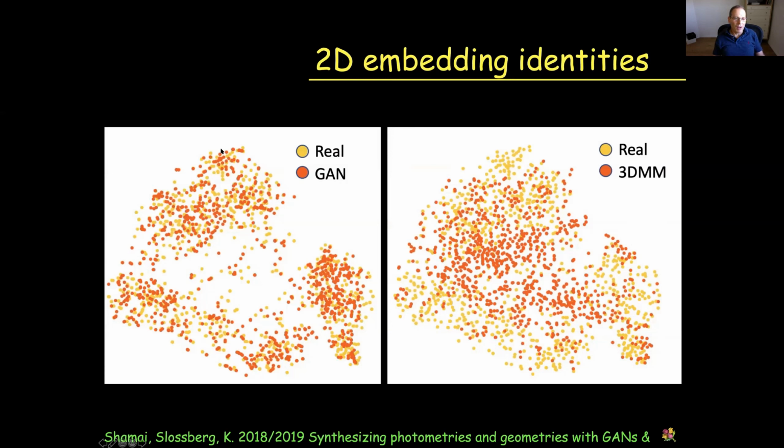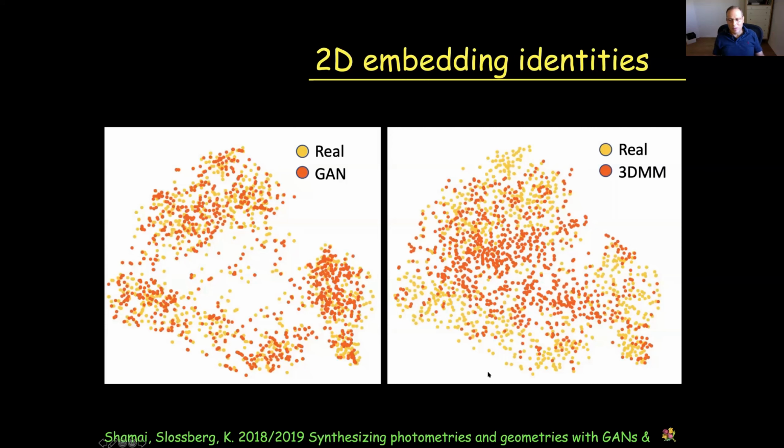So if this bunch would be Afro-American, Asian, and Caucasian, then you see that the distribution of the generated faces acquire more or less the same shape. While if you would have used a linear way of just randomly sampling from some space of linear combinations of, let's call it eigenfaces, and synthesizing faces, then what you'd get is something that looks like a Gaussian distribution of faces.